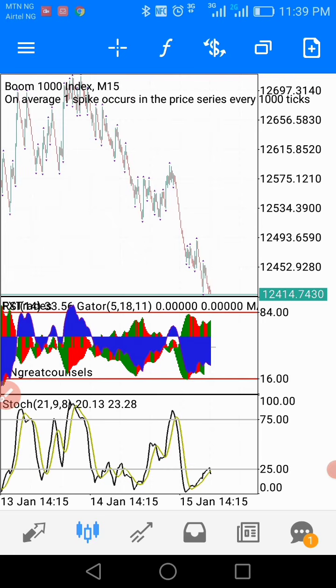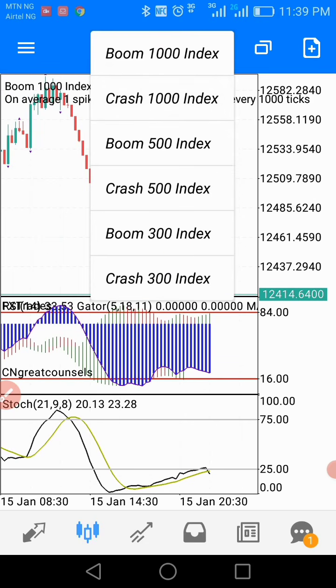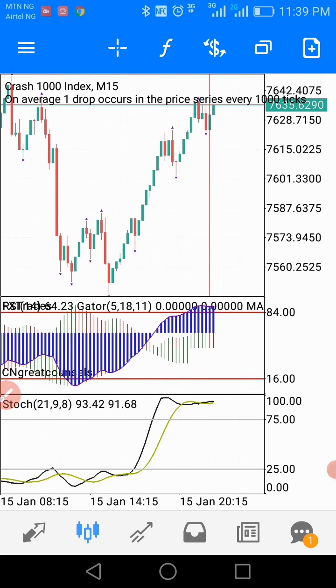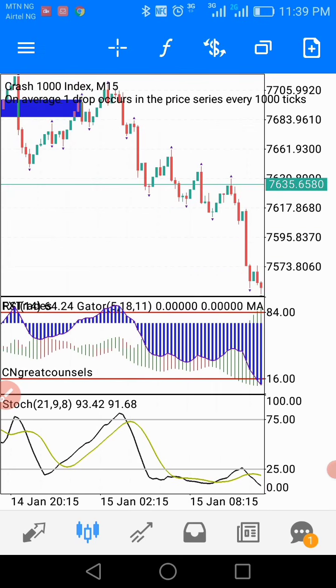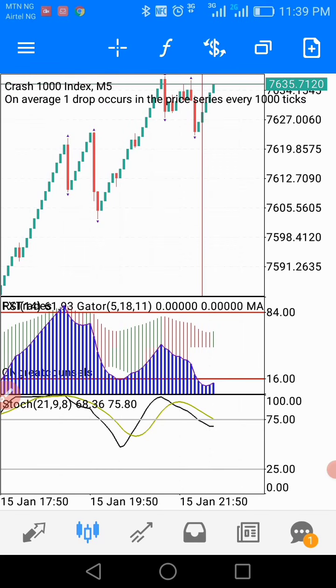You discover that Boom has been on a bearish move for a long time, so the momentum towards bearishness is actually high, unlike Crash 1000 that has been on a bullish move. But for days now it was on a bearish move, right? So it is better you also check your trend to be sure it's moving.